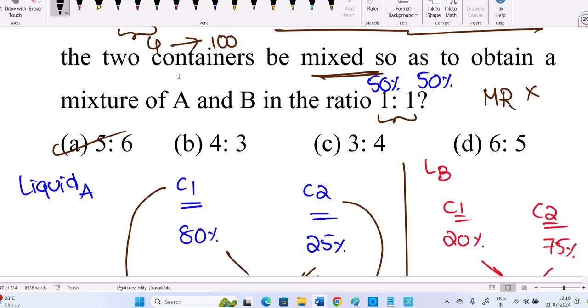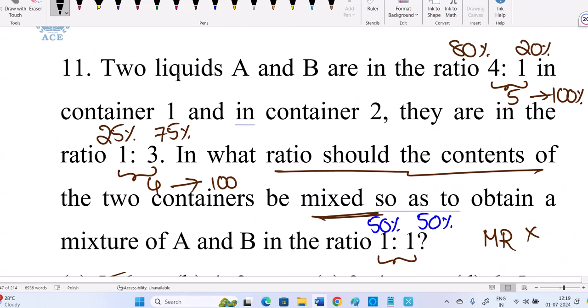Take only liquid A or liquid B, only one among that, and handle the question. It's very simple, like what we did for the previous questions. Just before this, we handled it in the same way.